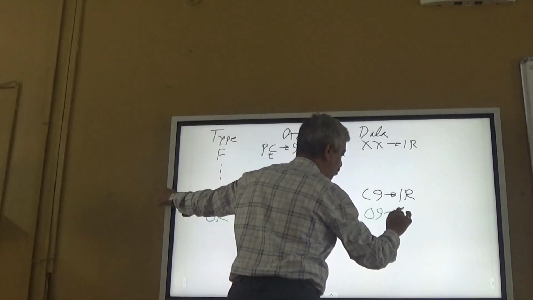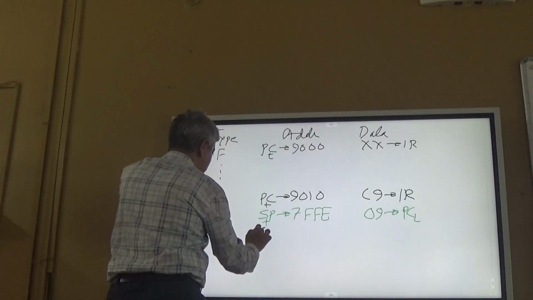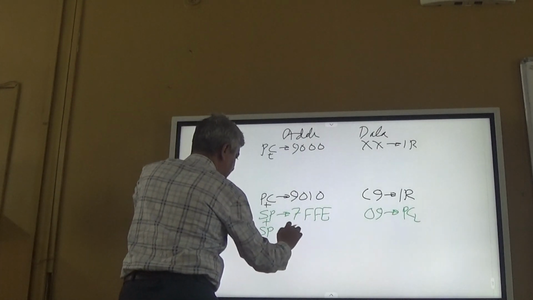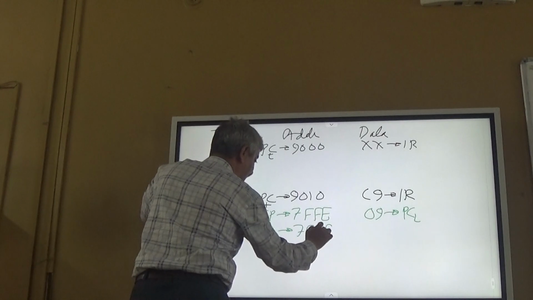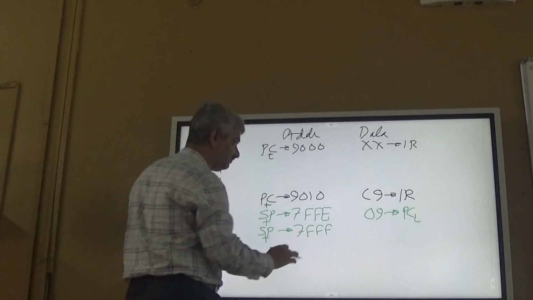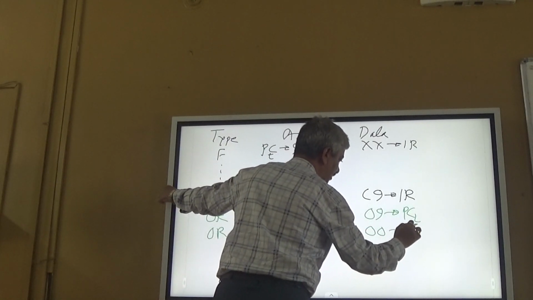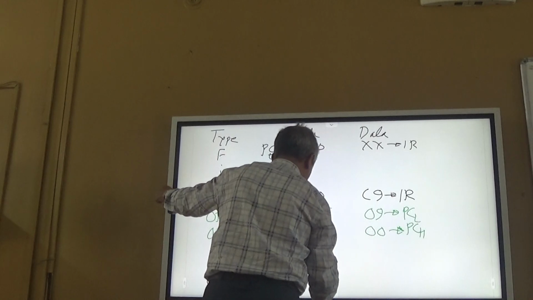So 9 will go to the program counter lower byte. Another read: stack pointer giving 7FFF. Stack pointer incremented, so again it is restored to 8000. And 00 going to the program counter higher byte.